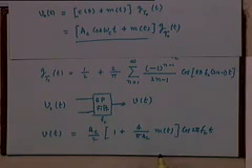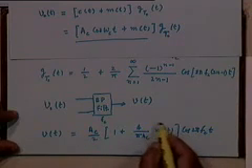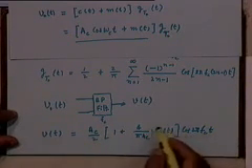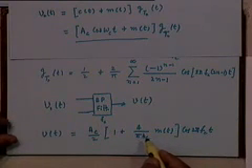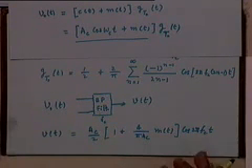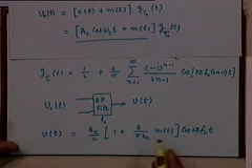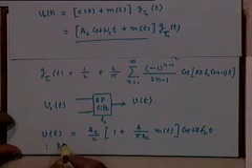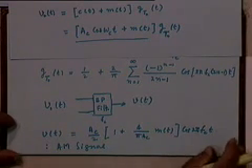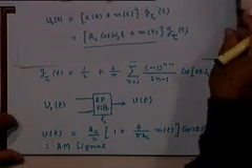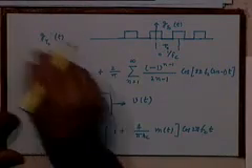Okay. This contains a carrier component plus the DSBSC component that you are looking for. The modulation index is 4 by pi A_c in this device, right. So this generates an AM signal. Okay. So this is fine.